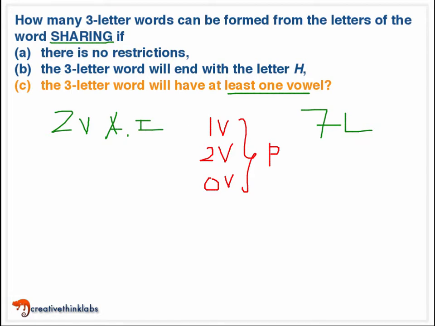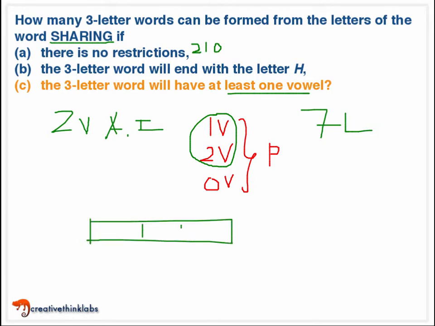Now we are more interested in this, but we also know when there are no restrictions, there are 210 possible words. Instead of counting at least 1 vowel, we can calculate the very opposite, which is no vowels, which is a lot easier to calculate. If I have 7 letters and I remove 2 letters because I won't be using A and I, there will be 5, and then 4, and 3.